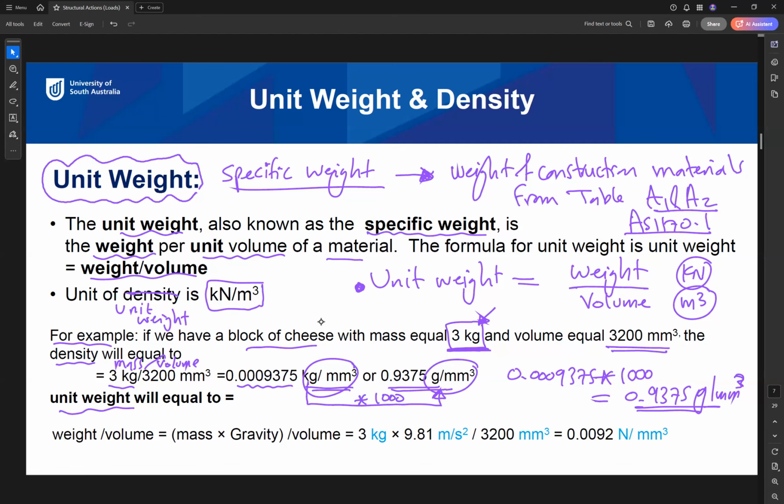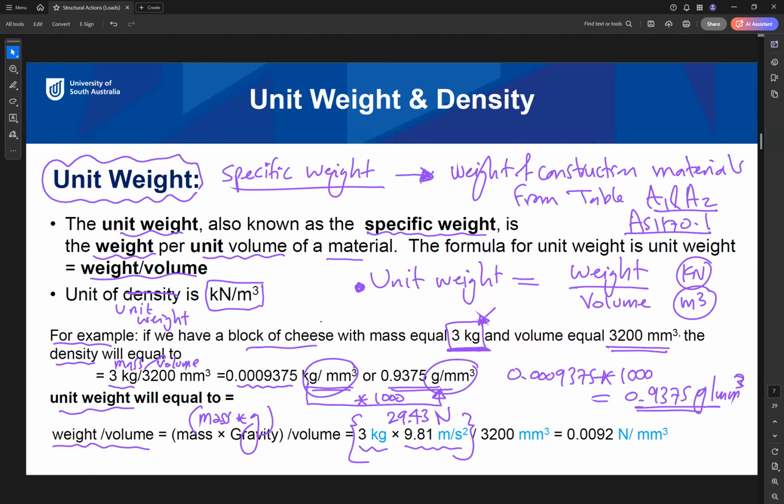So this is for the density. The unit weight will be equal to weight over volume. We don't have the weight ready for us, so the weight will be mass times the gravity acceleration g. So 3 kilogram as mass times 9.81 as gravity acceleration gives us the weight of this block, which is 29.43 Newton.